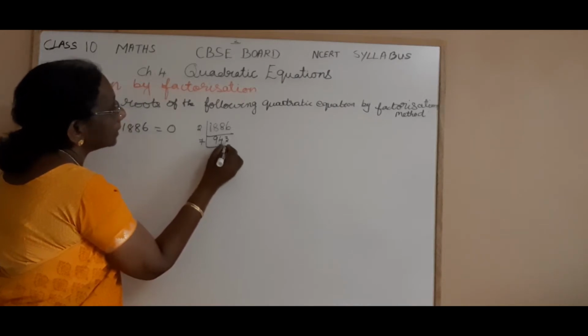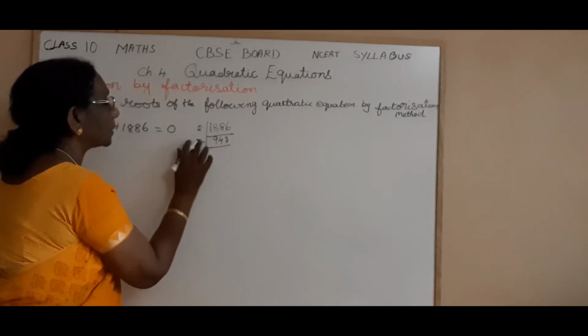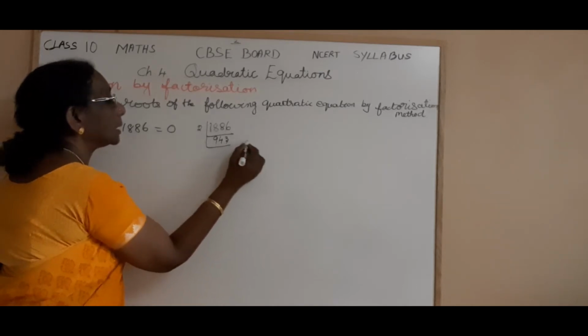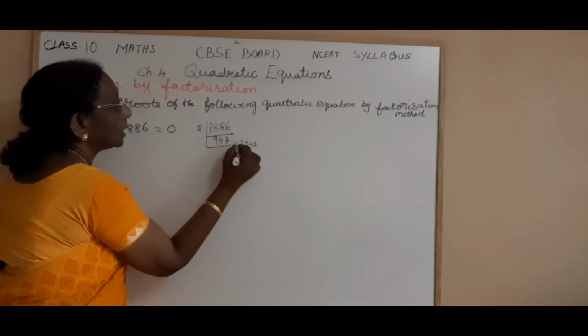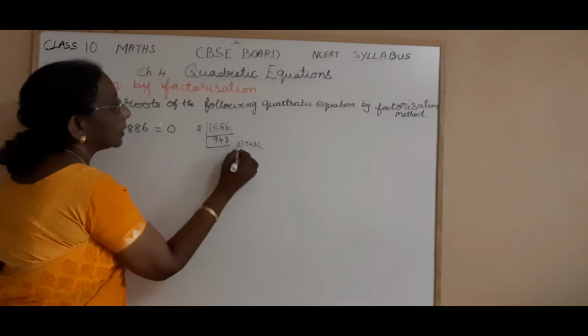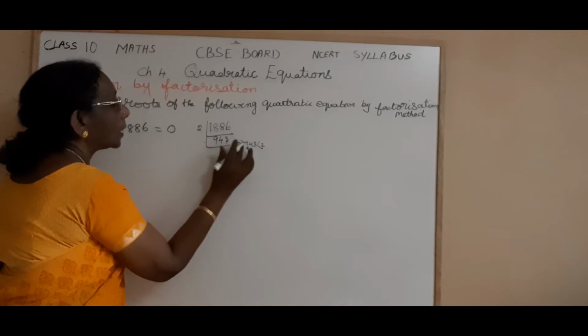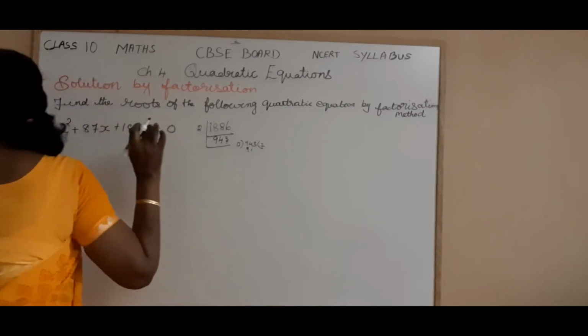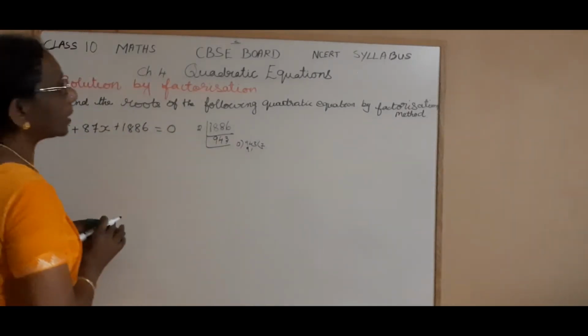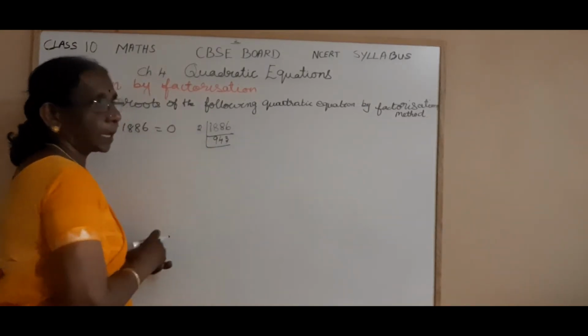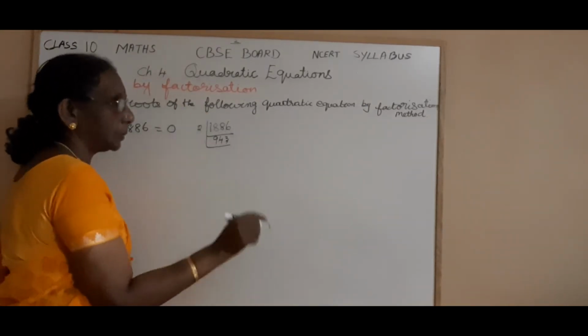No, it's not divisible by 7 also. Now let us check whether it is divisible by 13. 13 goes 7 times, 91. No, again it is not divisible by 13. It is not divisible by 11 also because alternate digits 9 plus 3, 12, 12 minus 4, 8 is not divisible by 11.